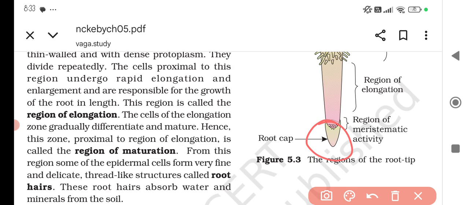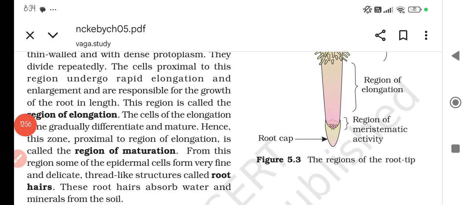There is no reason for the meristematic cells of the root to get damaged in water. They can easily penetrate through the water. That is the reason the root cap is absent in hydrophytes. Instead of the root cap, root pockets are present in hydrophytes. Examples of hydrophytes are pistia and Eichhornia.